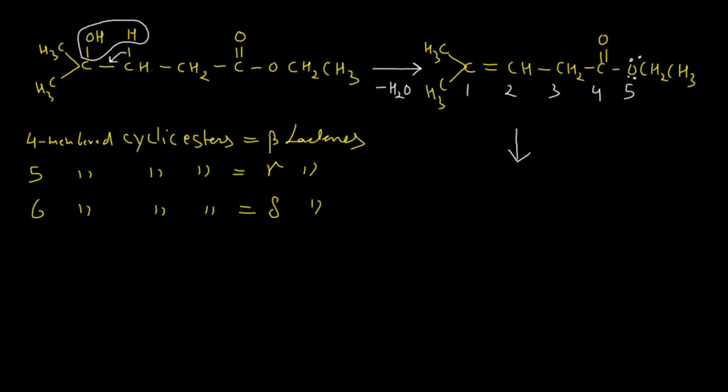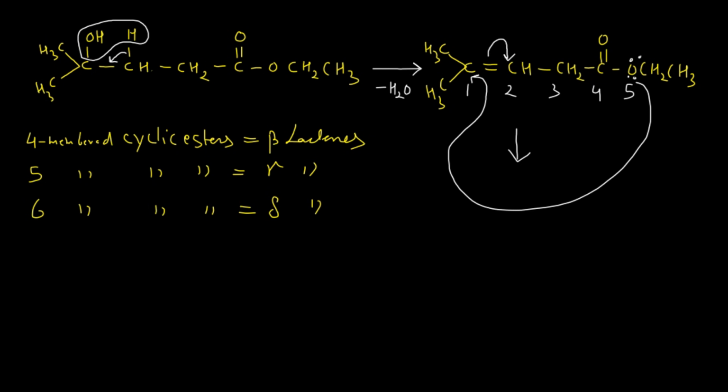Halogens carry 3 lone pairs, nitrogen carries 1 lone pair, etc. In the reaction mechanism you should always show the presence of the lone pairs and negative charges. So what can happen? This electron pair can attack onto this carbon and this electron pair will shift here.